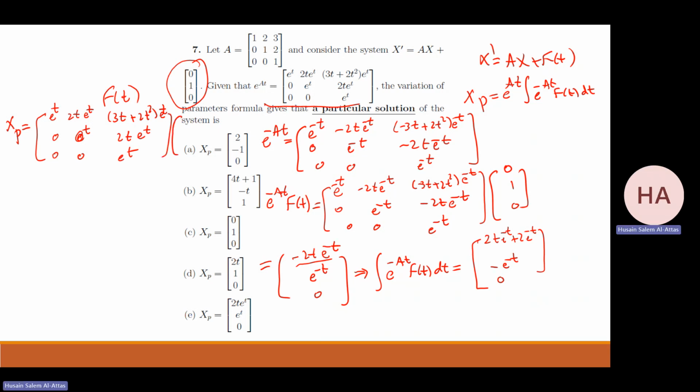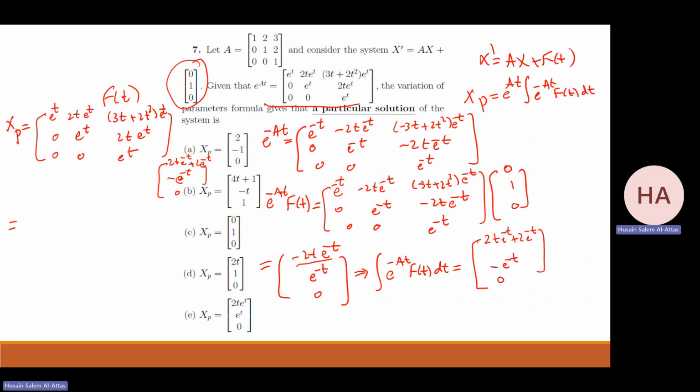Times this, which is, write it a little bit down. That will be 2t e^(-t) plus 2e^(-t), minus e^(-t), 0. Okay.